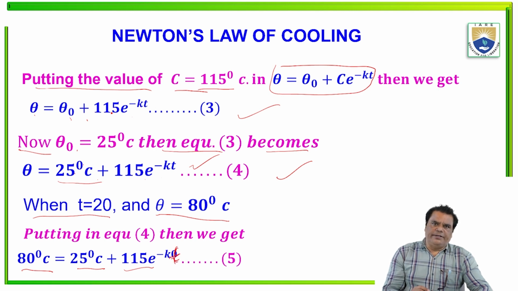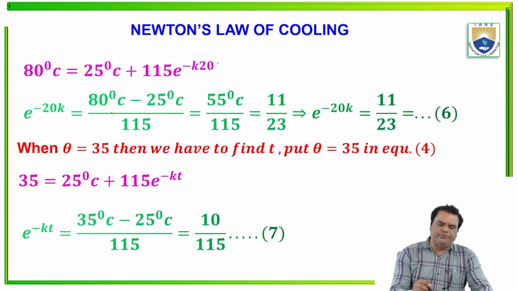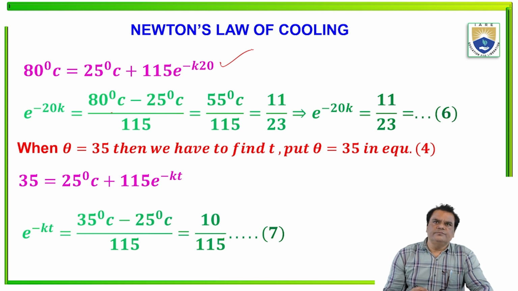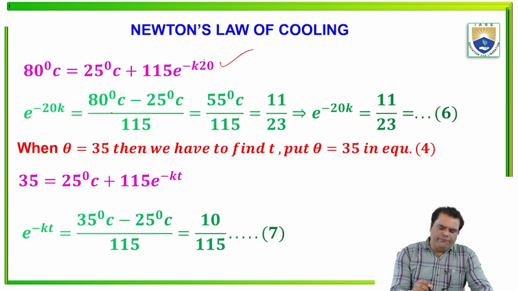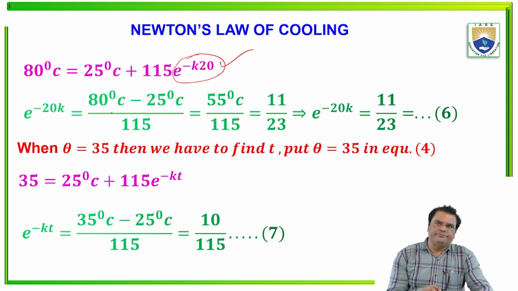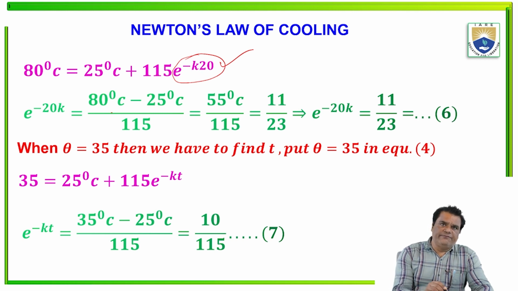t is here 20. Putting t as 20, next, we find out the value of e to the power minus 20k. So this equals this, 25 taking this side and dividing by 115.